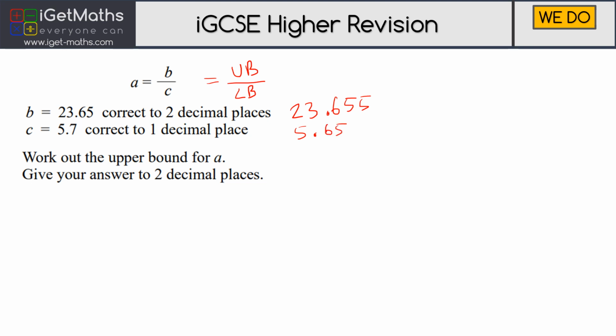So we're going to do 23.655 divided by 5.65, and that will give us 23.655 divided by 5.65. That to 2 decimal places is going to give us 4.19.